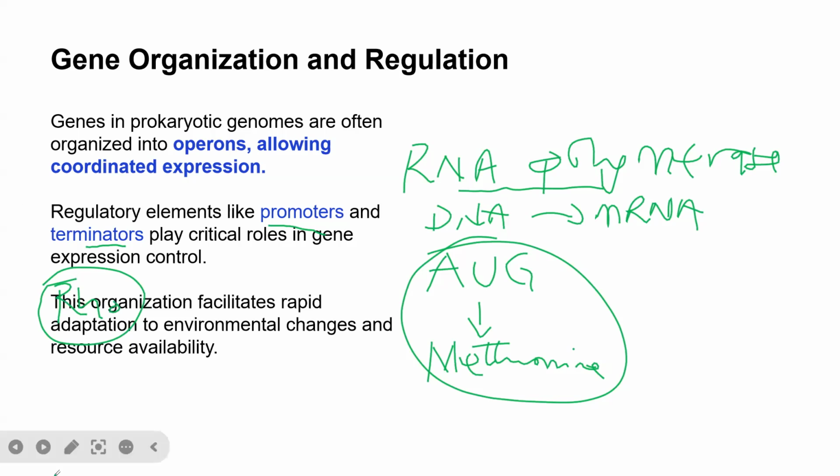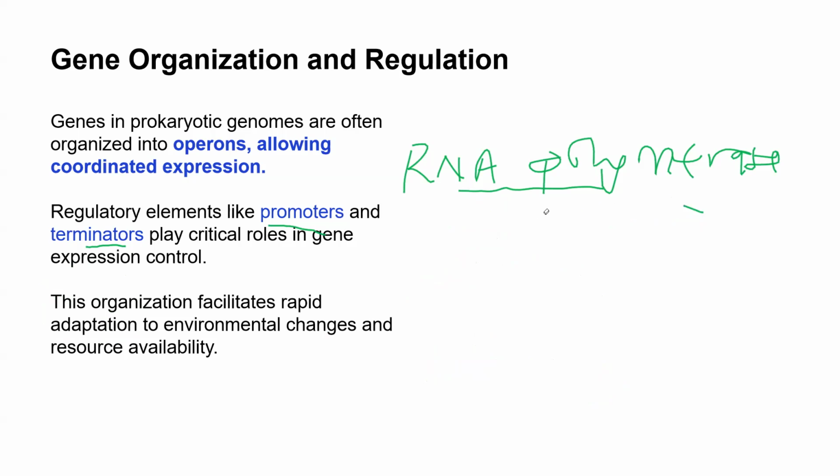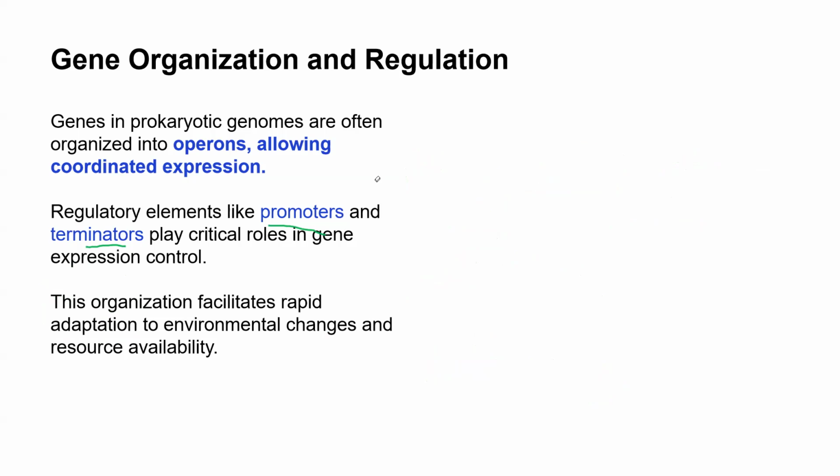More importantly here, this organization facilitates rapid adaptation to environmental changes and availability. Because one very interesting thing that we should understand, when we say operon, is that all the genes are expressed together in order to make sure that a particular system or a particular function is maintained.